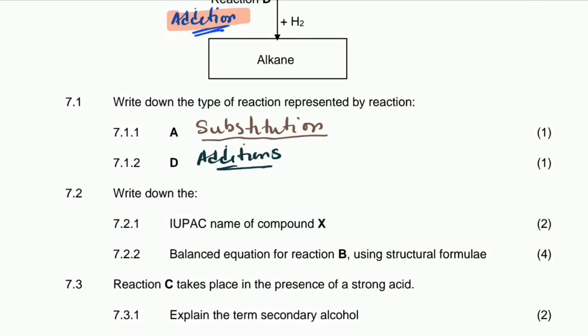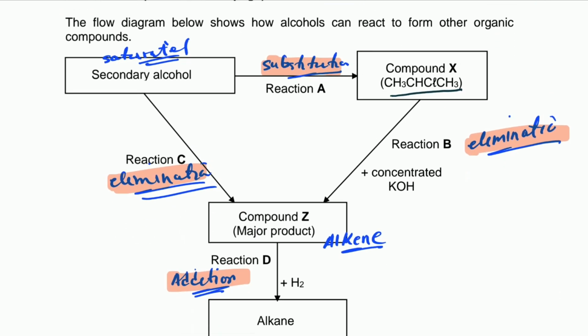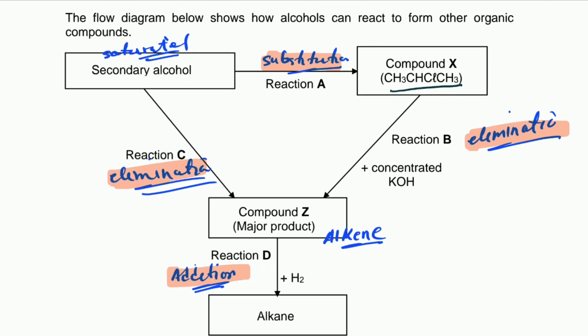Question 7.2, write the IUPAC name of compound C. Now compound C, as you can see here, is going to be a haloalkane. Let's draw the structural formula here. C with 3 hydrogens, another C with hydrogen and chlorine, and then another C with 3 hydrogens.